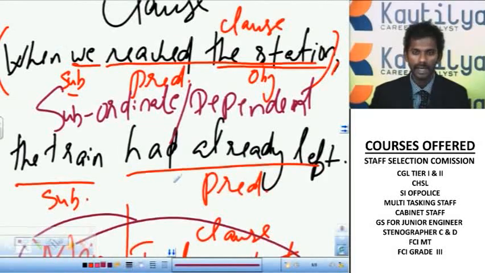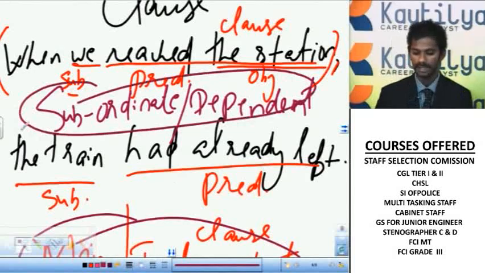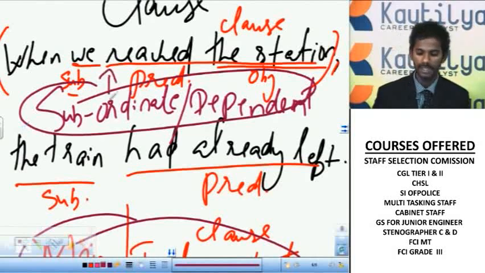Right. So any clause that makes an incomplete meaning or sense is termed as the subordinate clause or the dependent clause. So a clause making a complete meaning is the main clause, whereas a clause making an incomplete meaning is a subordinate clause or dependent clause. Clear?